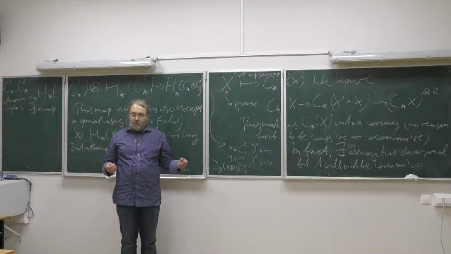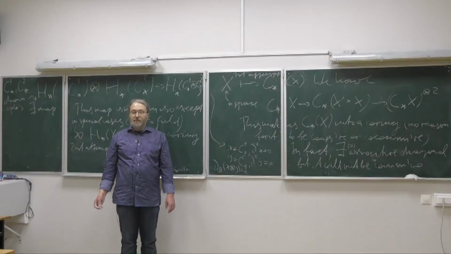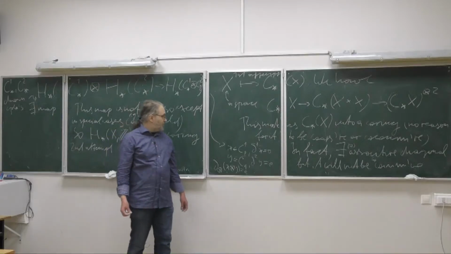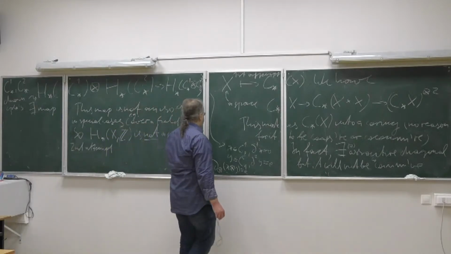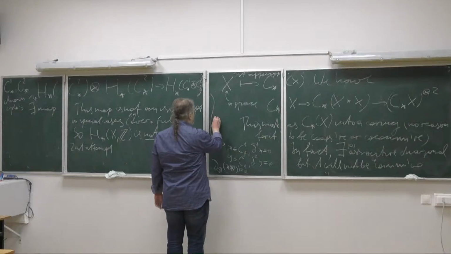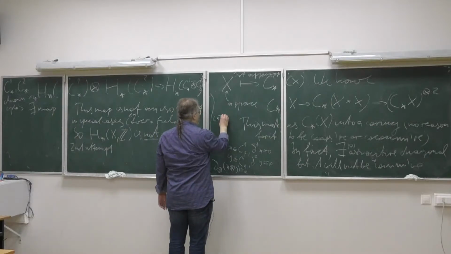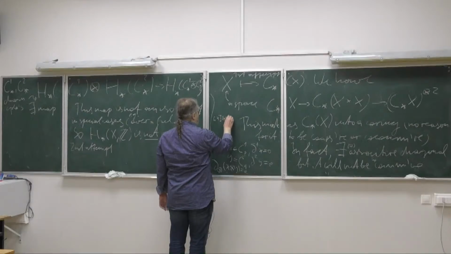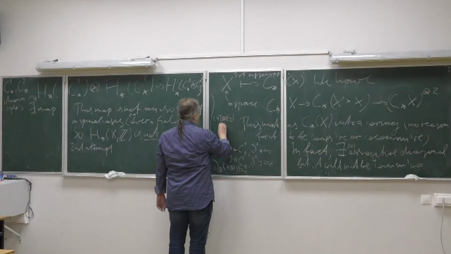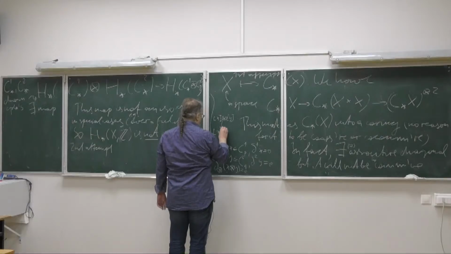Why? By the Leibniz formula. So the map takes the class of x tensor the class of y to the class of x tensor y.